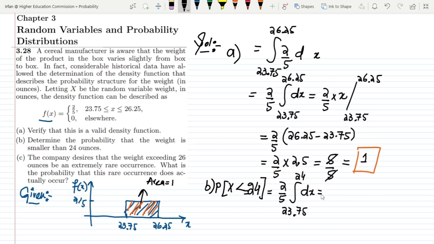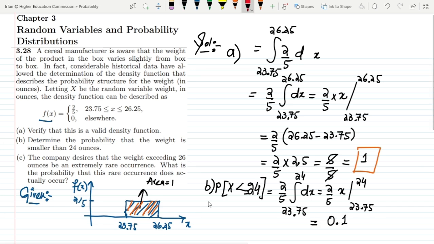Now writing it, it will be 2 by 5, and here x from 23.75 to 24. Then calculating it, we will see that the answer will be 0.1, which is the probability that the weight is less than 24. So that is the answer of part B.